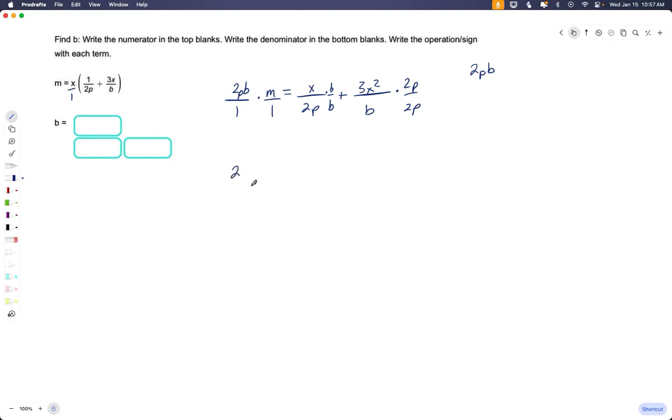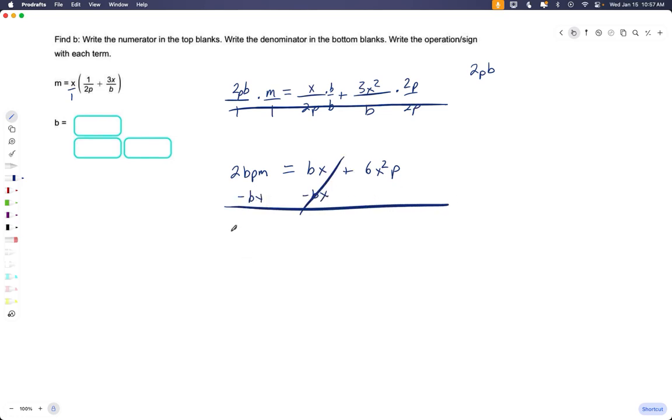So 2bpm, I'm pretty sure that's not the right order. All of this would cancel. So this would be bx plus 6x squared p. So now we want to get the b's together. So subtract bx from both sides.